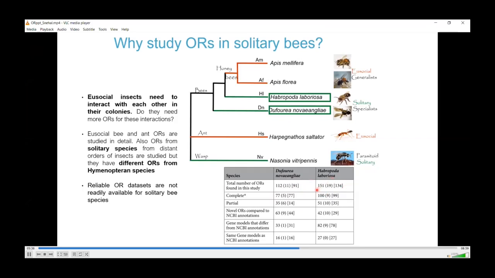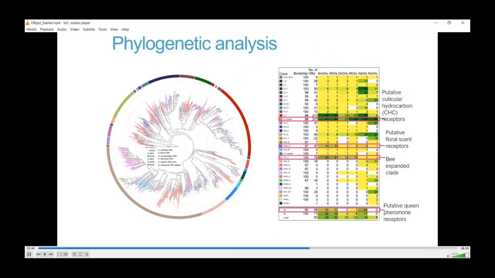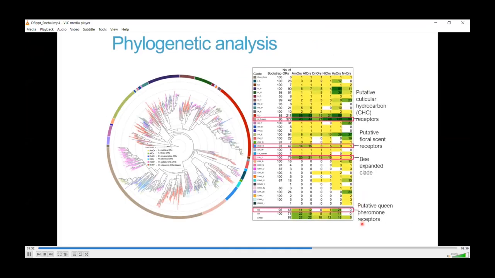Whereas in Habropoda, we found 151 olfactory receptors, which was kind of closer to the number that is seen in other bees or other Hymenopteran species. We again performed phylogenetic analysis as before and found some interesting observations. For example, the putative queen pheromone receptors that were present in Apis mellifera and Apis florea were almost absent in the solitary bees, as one would expect, because they do not live in colonies or have drones and workers.